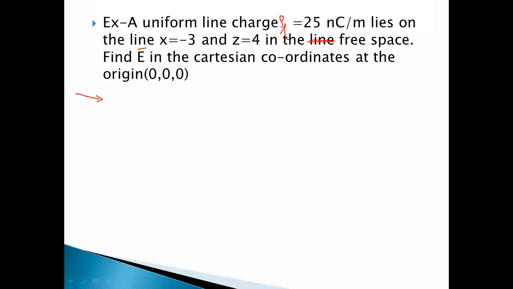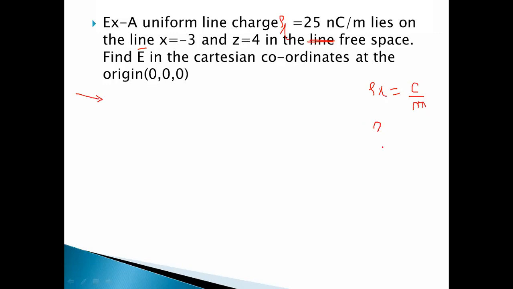Okay, what is given here? A uniform line charge. Line charge rho L is equal to 25 nanocoulomb per meter. This is the line charge density, and rho L is expressed in coulomb per meter, because this is a line; charge is measured in coulomb and length in meter.